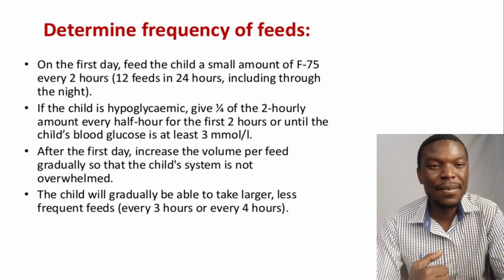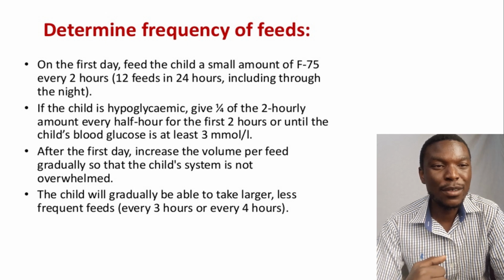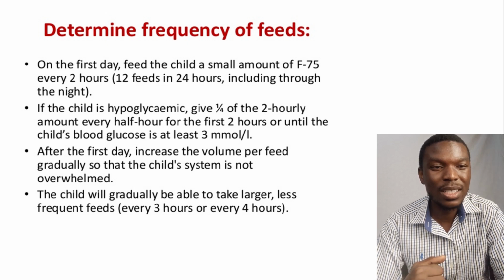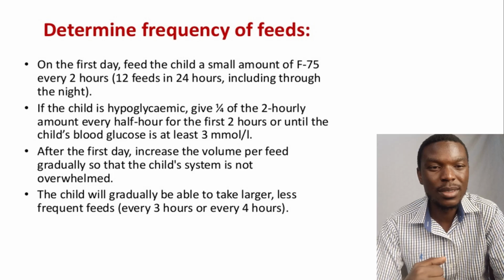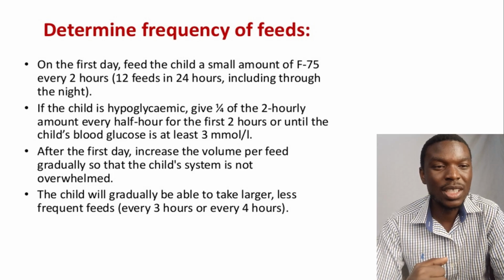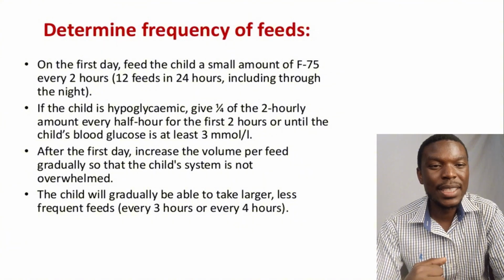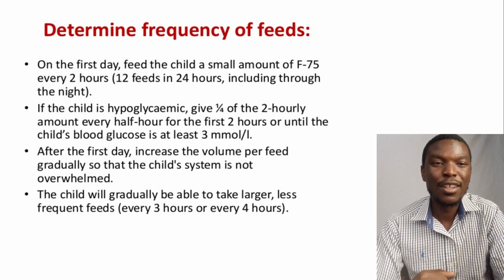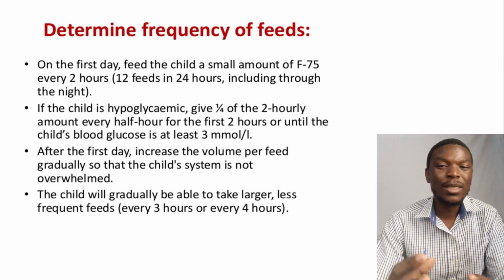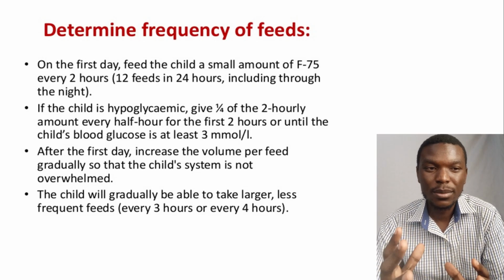After the first day, increase the volume per feed gradually so the child's system is not overwhelmed. The child will gradually be able to take larger, less frequent feeds, every 3 hours or every 4 hours. So we are trying to determine the frequency.